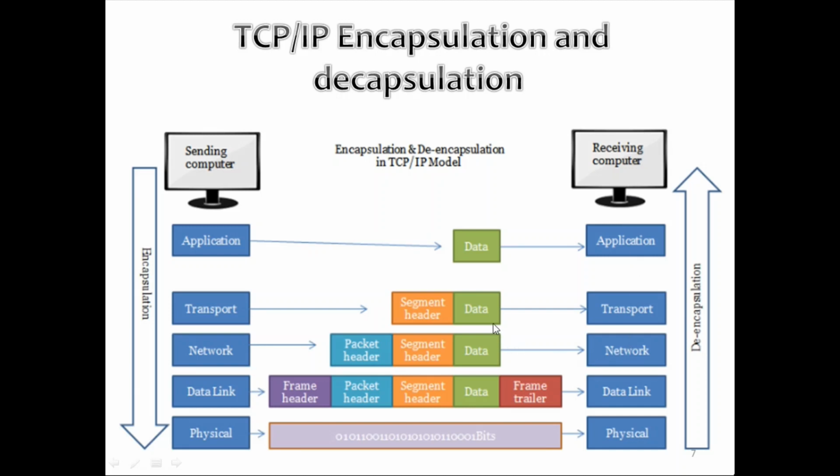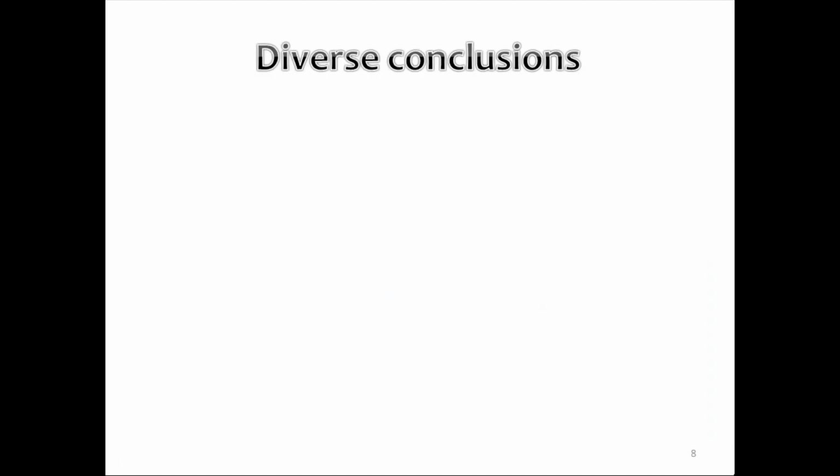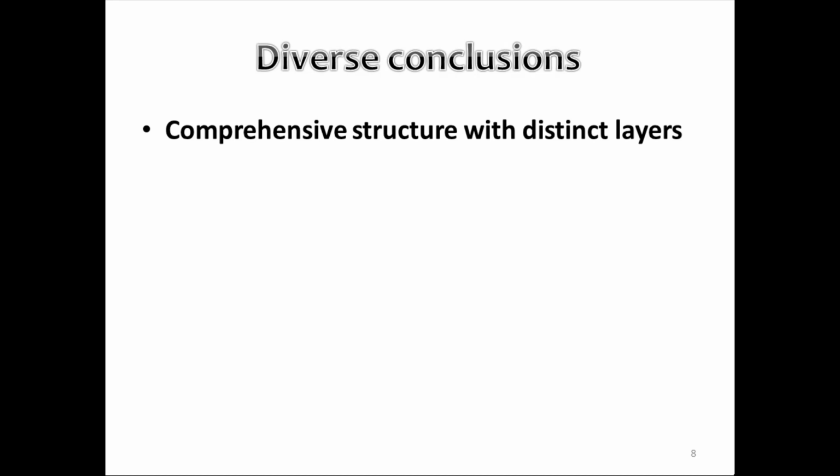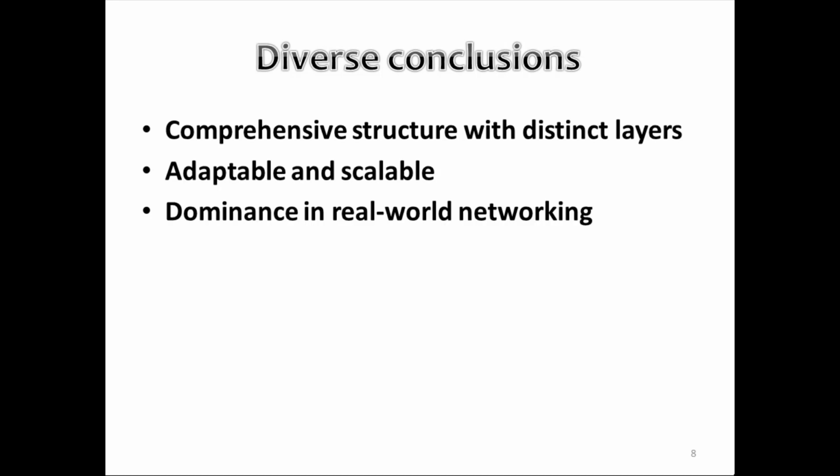So now the conclusions, which we mostly get confused about sometimes: while OSI provides a comprehensive structure with distinct layers, TCP/IP's fewer layers proved more adaptable and scalable. TCP/IP's practical implementation directly contributed to its dominance in real-world networking scenarios, and the exponential growth of the internet was the major reason.